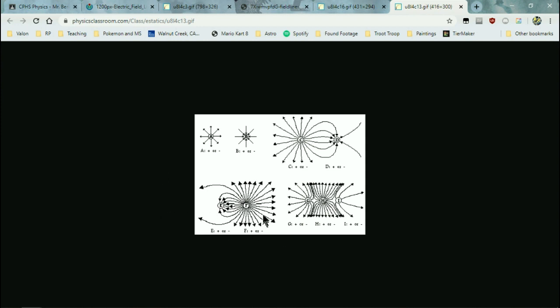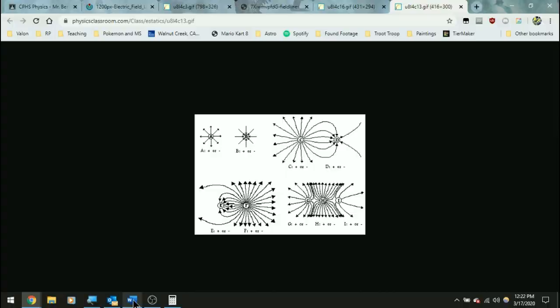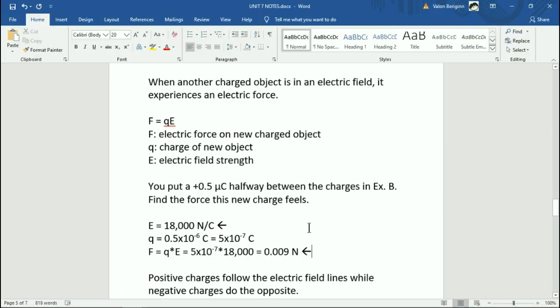That's where you have to do the work with the electric fields and figure out the strength of the electric field at this position, and what is the direction in total? Therefore, when I put my new charge in there, which way is it going? Is it following the lines, or going the opposite of the lines? It really just takes practice getting used to how this works and making sure everything comes together.